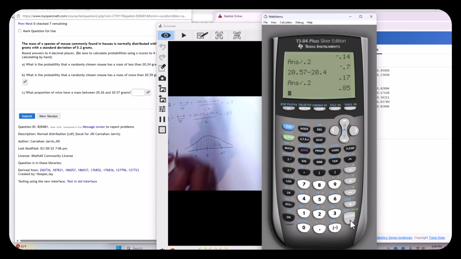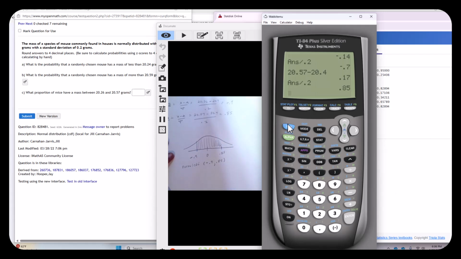On the TI, it's going to be normalcdf. Instead of using negative 999999 or the positive, we have two endpoints here, so we're going to put those in: negative 0.7, comma, 0.85.